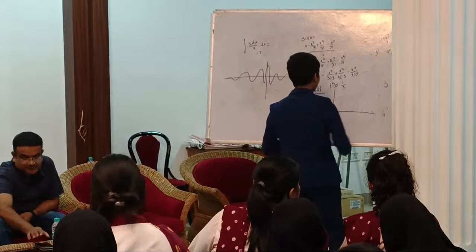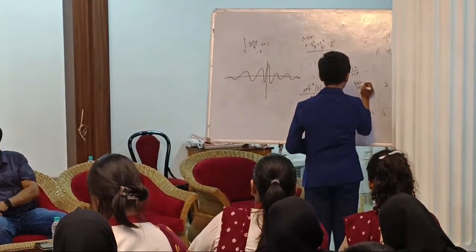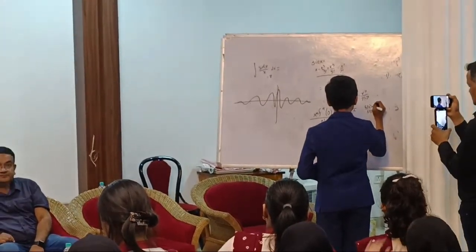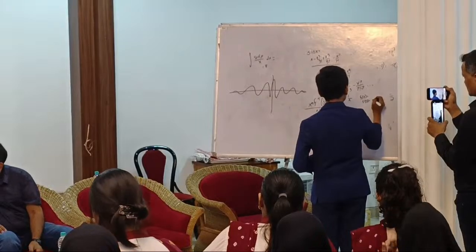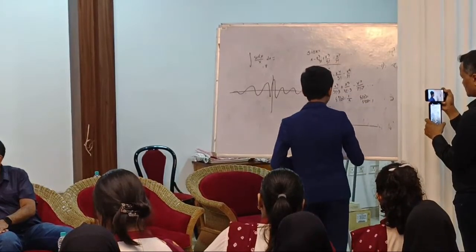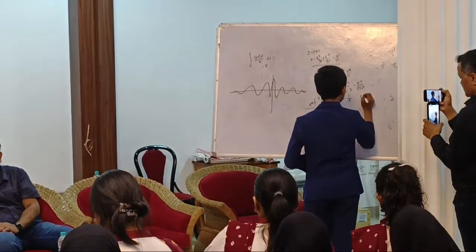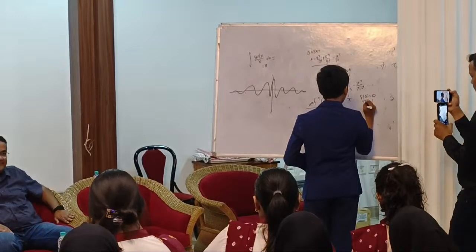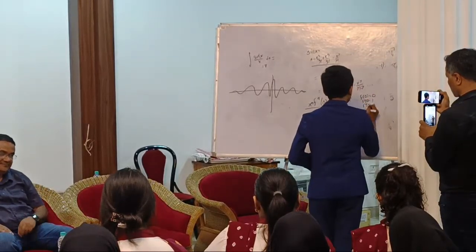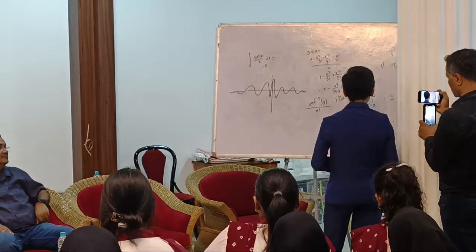Well, if f of 0 is 1, f prime of 0 is f. Okay. Oh, okay. So f prime of 0 is 1, f of 0 is 0, f double prime of 0 is again 0, f triple prime of 0 is a half, so on and so forth.